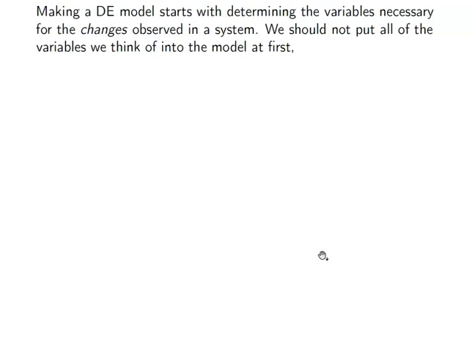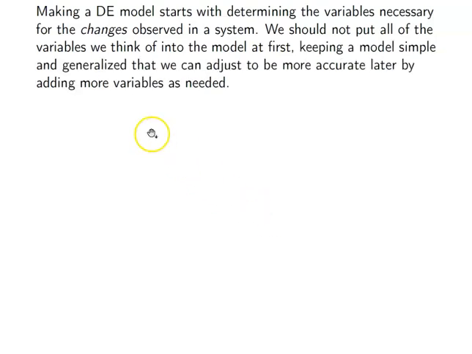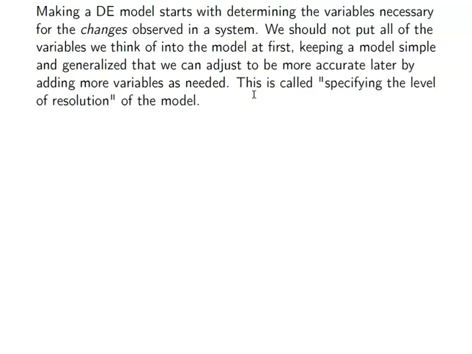So we don't always want to put in all of the variables that we can think of, because then our model can be too convoluted. We really want to keep it as simple as possible first, and then as we work on it and find solutions, we can start to introduce more and more variables and make it more convoluted. So we want to keep it very generalized so that we can find something that at least approximates an answer, and then we can get more accurate later by adding more variables.